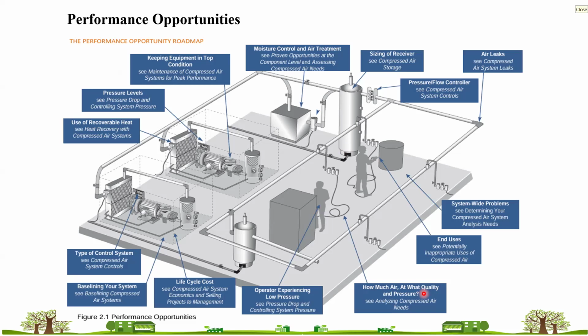So your selection of compressor depends on this kind of questions. Then, where operators experience low pressure, proper designing or engineering of your distribution network can avoid this kind of problem. So this is a performance opportunity roadmap. Apart from this, there are very few opportunities.